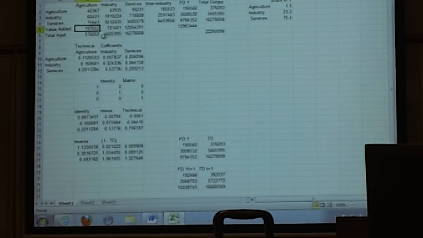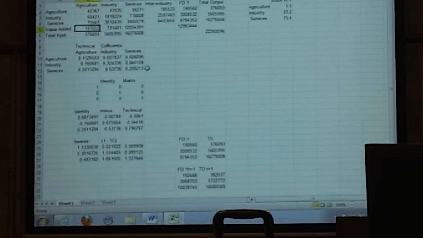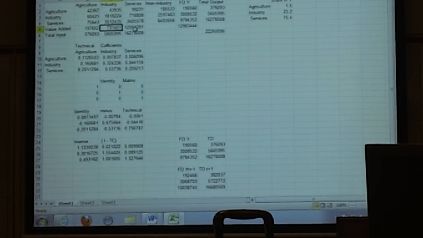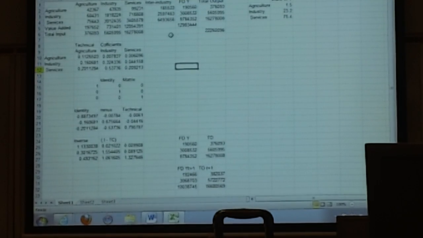It's B6 minus B2 minus B3. So that's how you get the value added. B6 total input minus the others. Same here. Same here. Now, when you add these 3 values added, you get the same number over here, which is the same as adding up these.